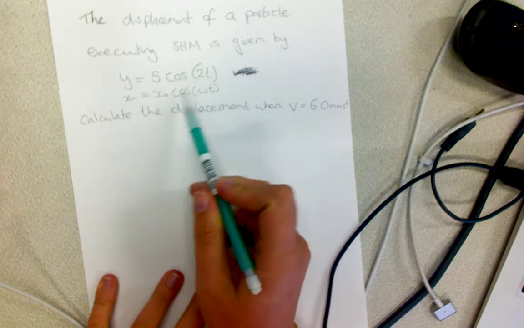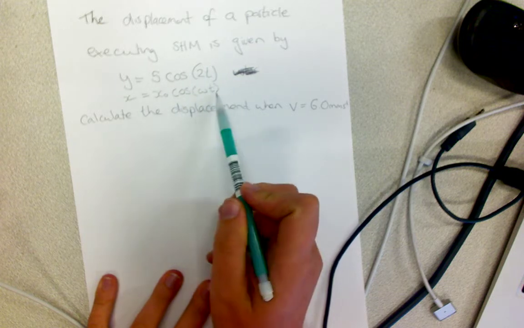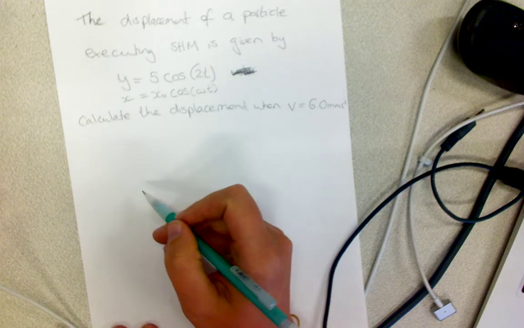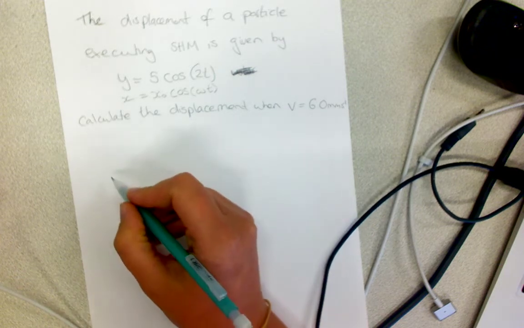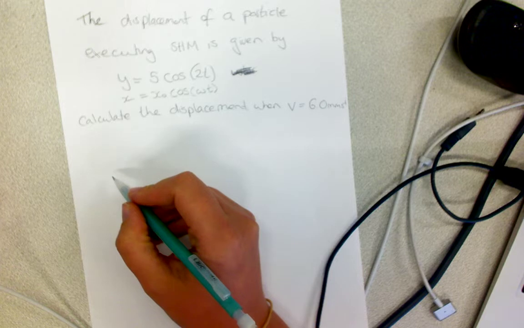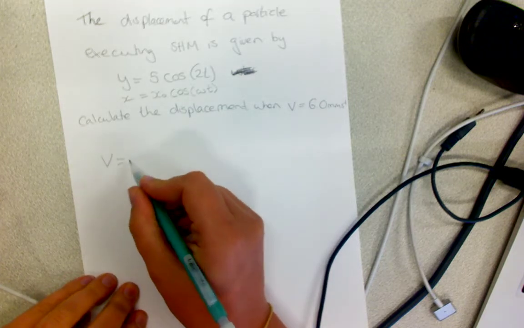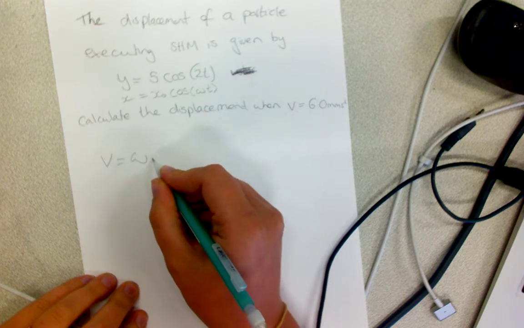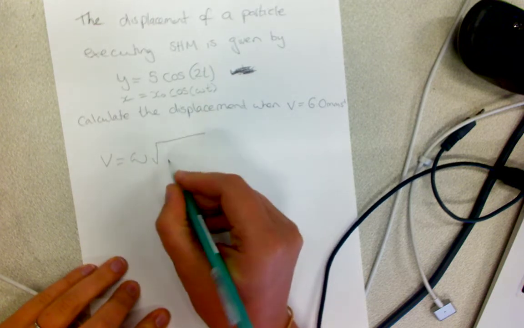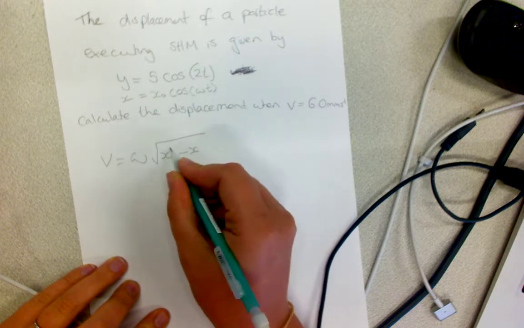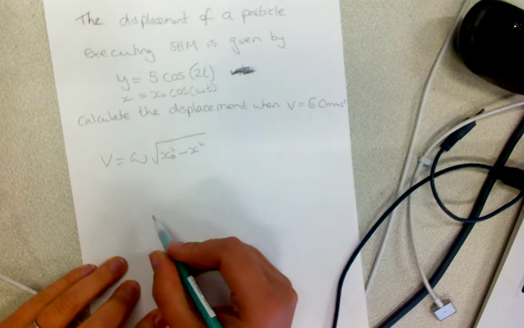Unfortunately, we can't use these formulas that we've got because we don't know the time and it doesn't incorporate velocity. So the formula that you are using is v, velocity, equals omega times the square root of x naught squared minus x squared.